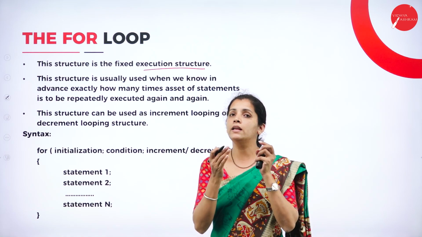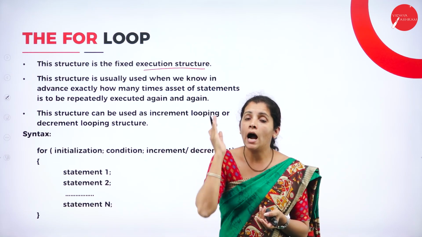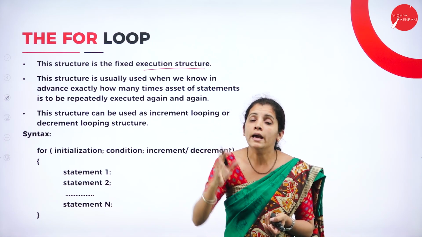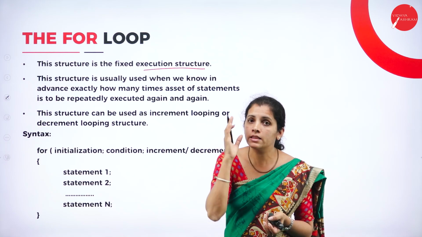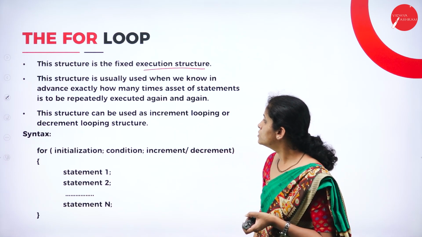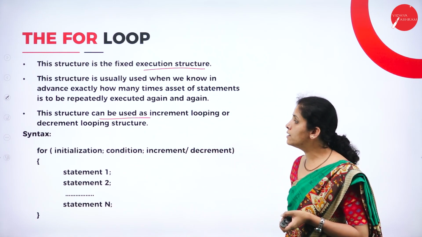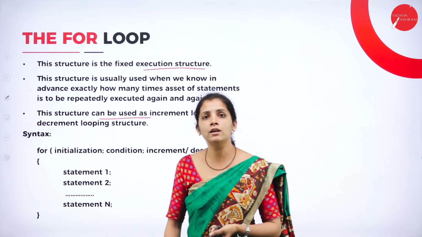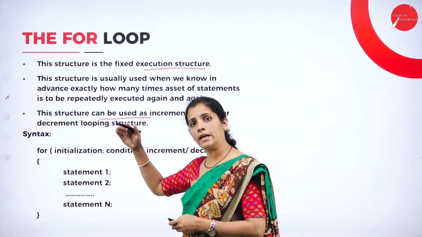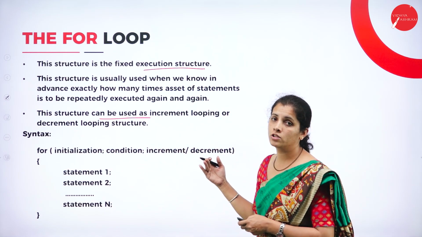That means when I know in advance how many times I want to repeat that statement, that means I know the exact iteration. In that situation, I can go with for loop. So this structure can be used as increment loop or decrement looping structure. So here I can use increment as well as decrement looping structure.